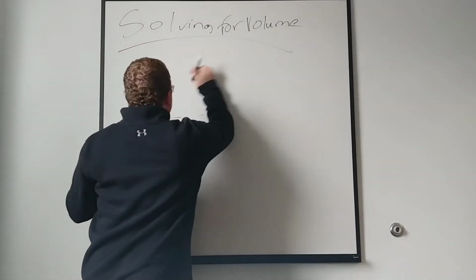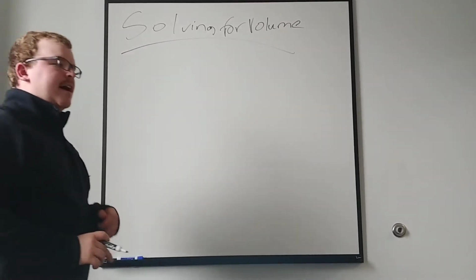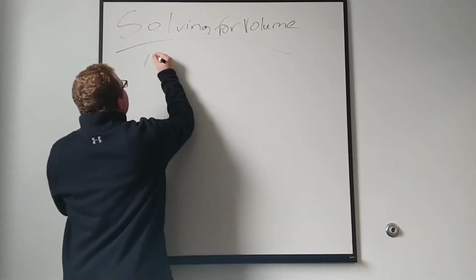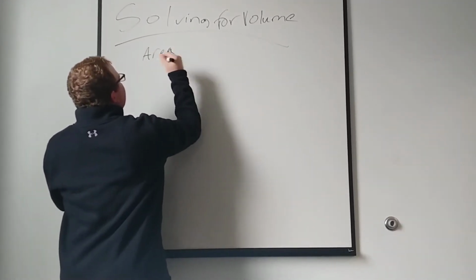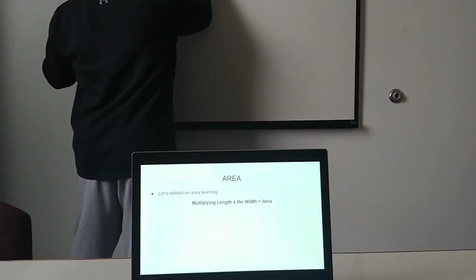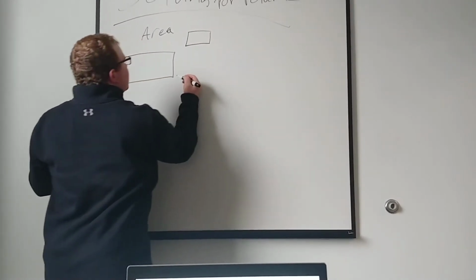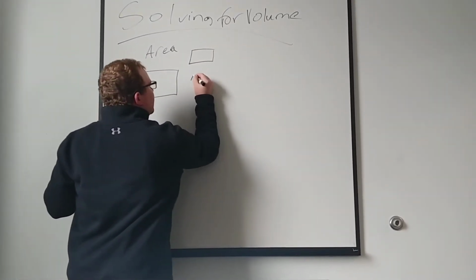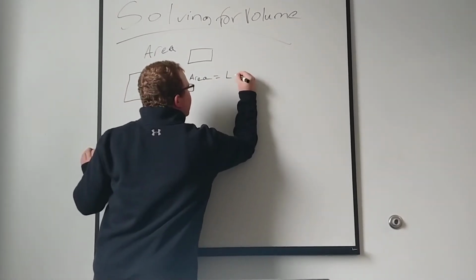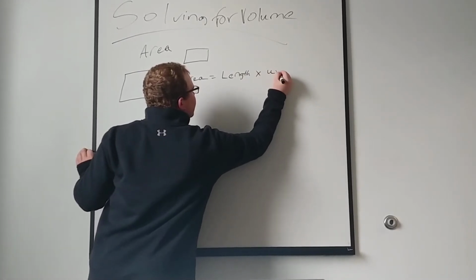Well, first, before we get to volume, let's go back to what we learned last time, where we learned about area. So, area, like we remember, for, say, a square or rectangle, is solved by the area equals the length times the width.